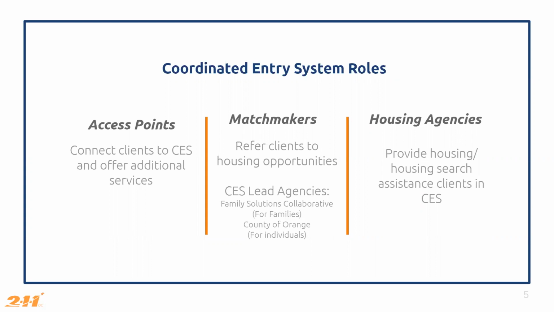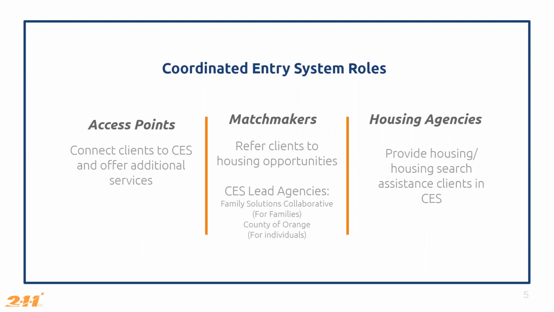So first, we have the access points, who are the agencies that connect the clients to CES and send them to the community queue. They also provide additional services to the clients while they are on the queue, such as case management, for example. We also have the matchmakers who refer the clients on the community queue to the housing opportunities that the housing agencies have available.